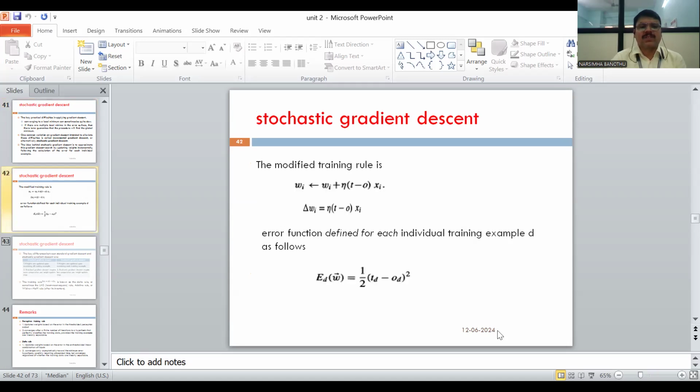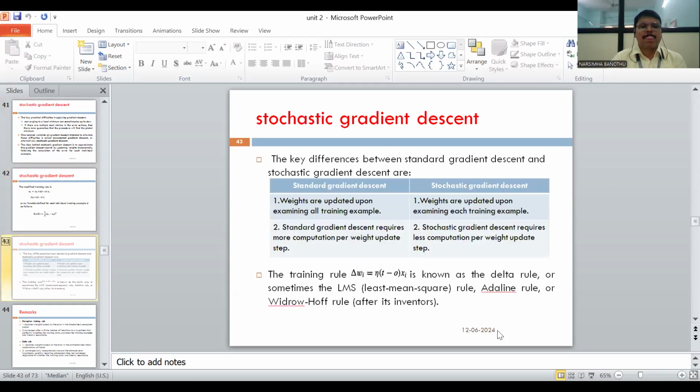So we can see the modified training rule here. This is standard gradient descent, and this is stochastic gradient descent. In standard gradient descent, weights are updated upon examining all the training examples.